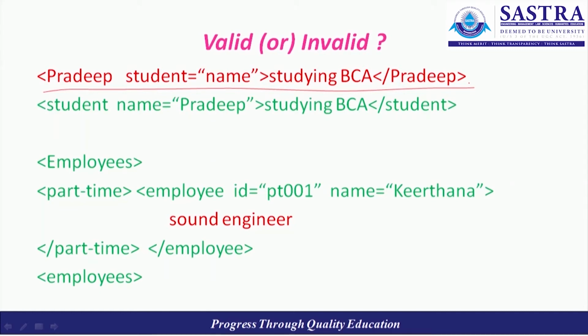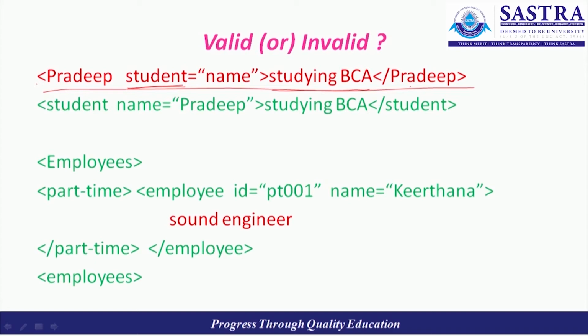I can say syntactically this is right, but semantically this is wrong. What is that? Syntax means the tag must be created properly: an opening angle bracket followed by the text Pradeep, with one attribute, and a text, and also the closing tag /Pradeep.